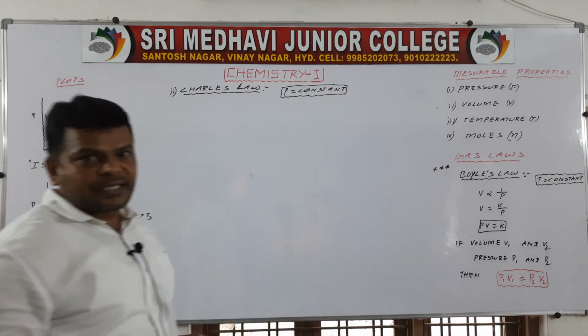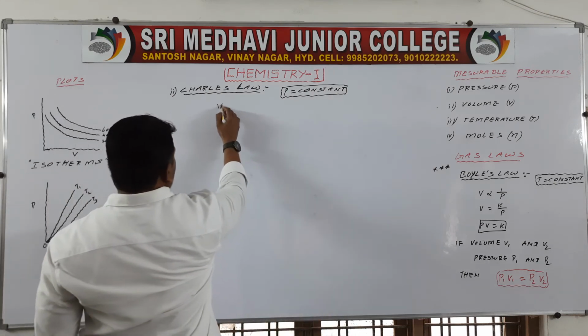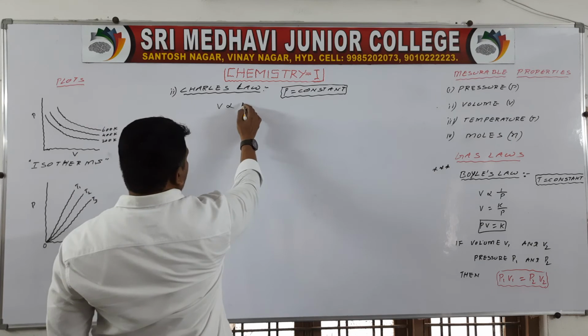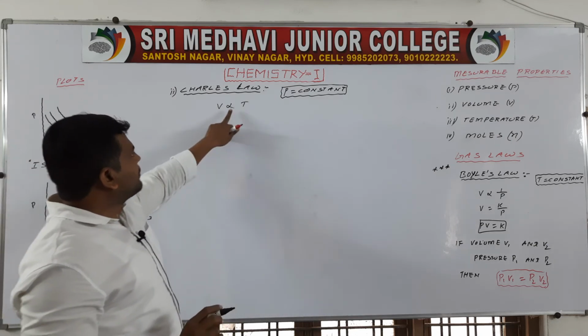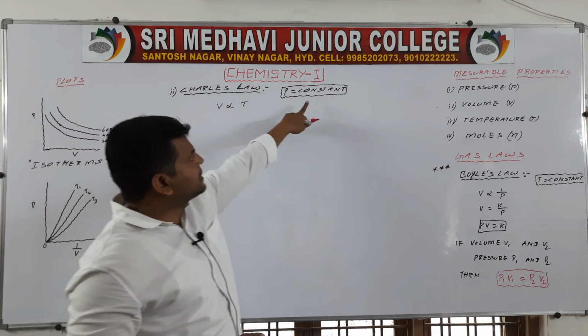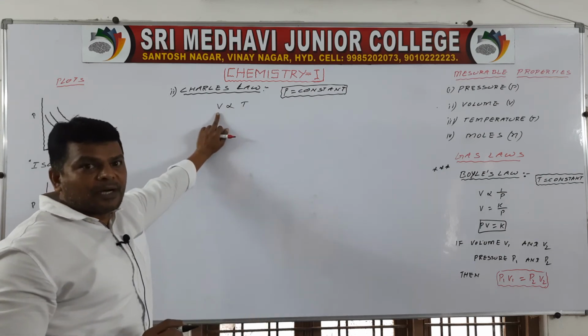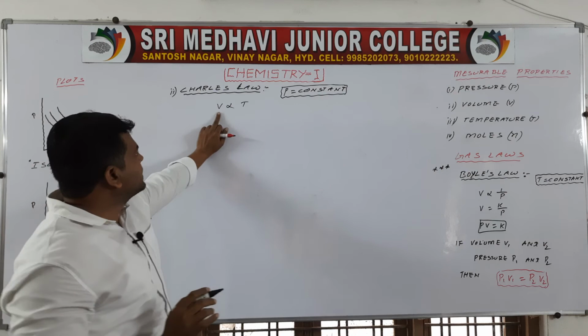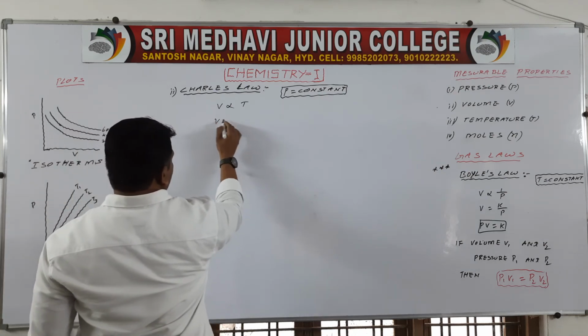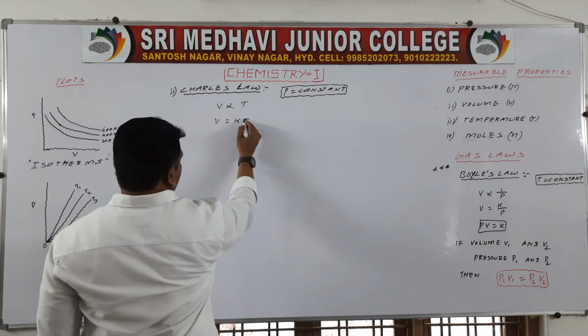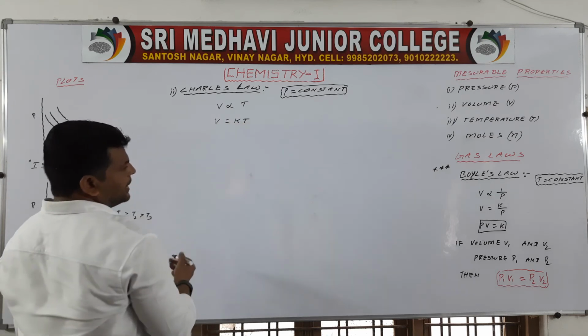At constant pressure, the volume of a given mass of a gas is directly proportional to its temperature. To remove this proportionality, you have to keep a constant. So V equals KT.